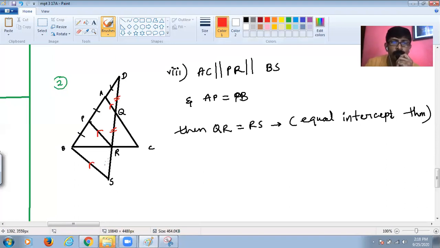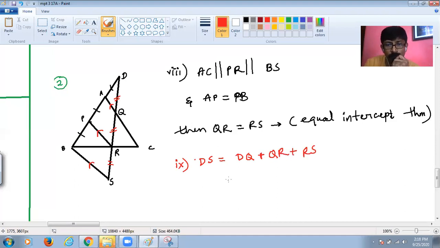Now our ultimate goal is to prove that DS is equal to 3RS. So I'm choosing this statement number 9. DS is basically equal to what? DQ plus QR plus RS.